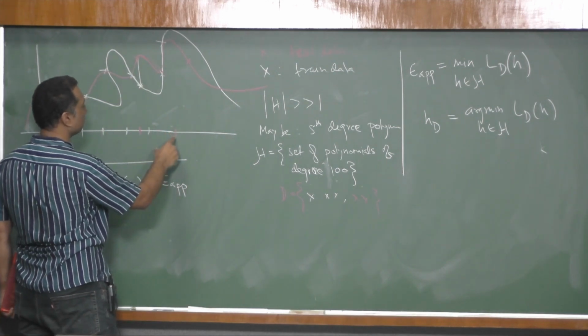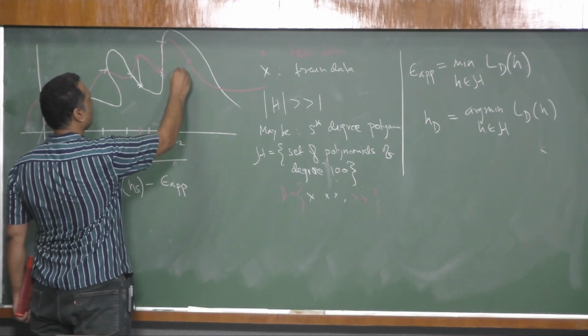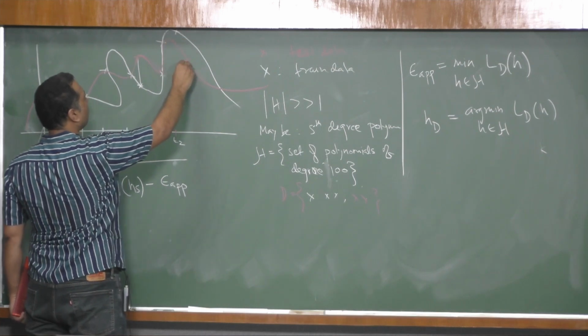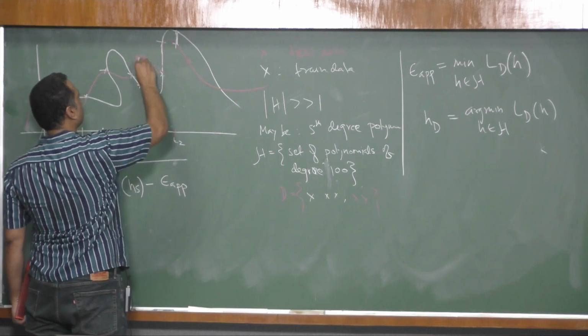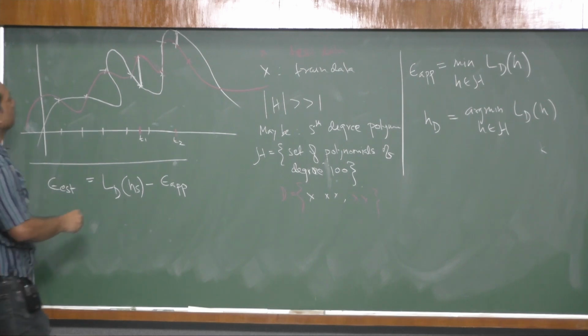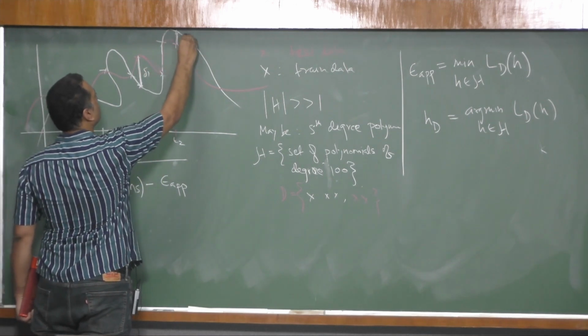So for this new test point, let us say T1, T2, you learn this one, and the optimal one was this guy. So this is the error that you are making. We can call these delta 1 and delta 2.